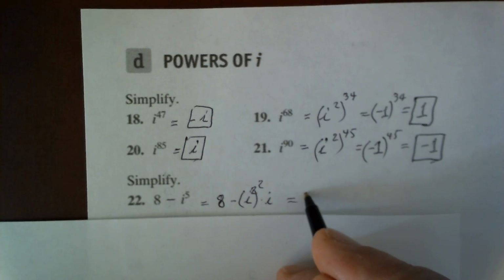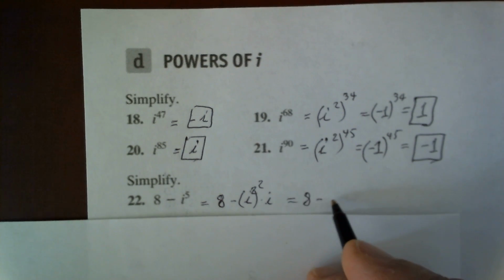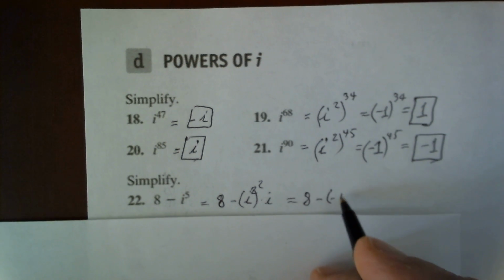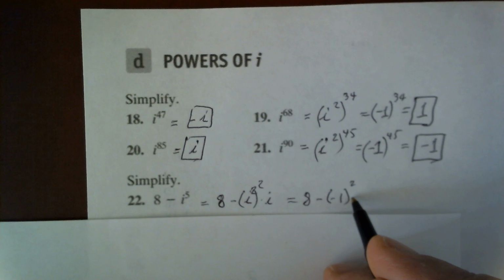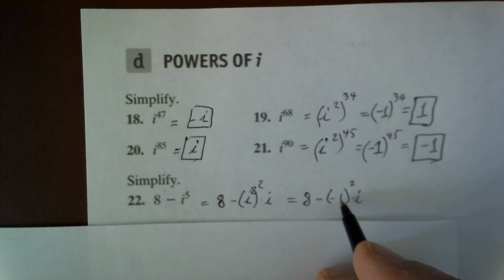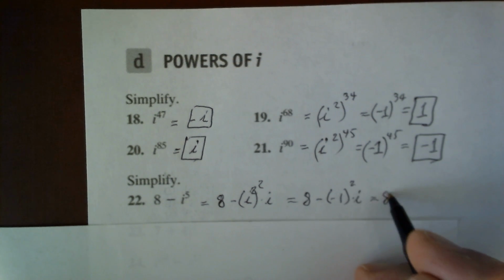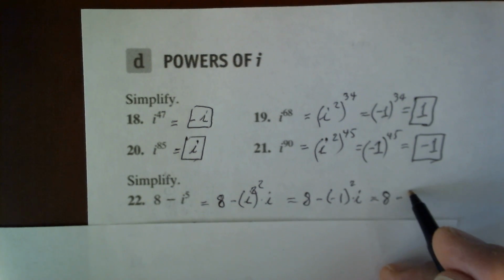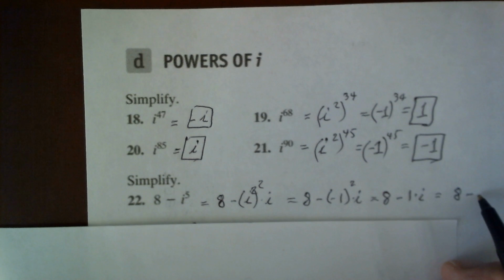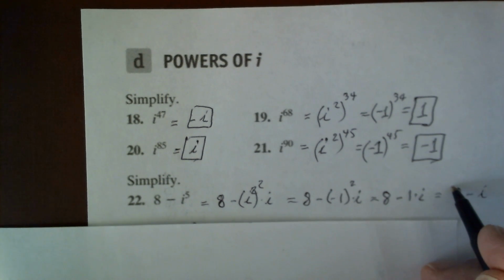So it's equal to 8 times minus, and i squared is minus 1, raised to the second power times i. And since i squared raised to an even power is equal to positive 1, this becomes then 8 minus 1 times i, or simply 8 minus i.